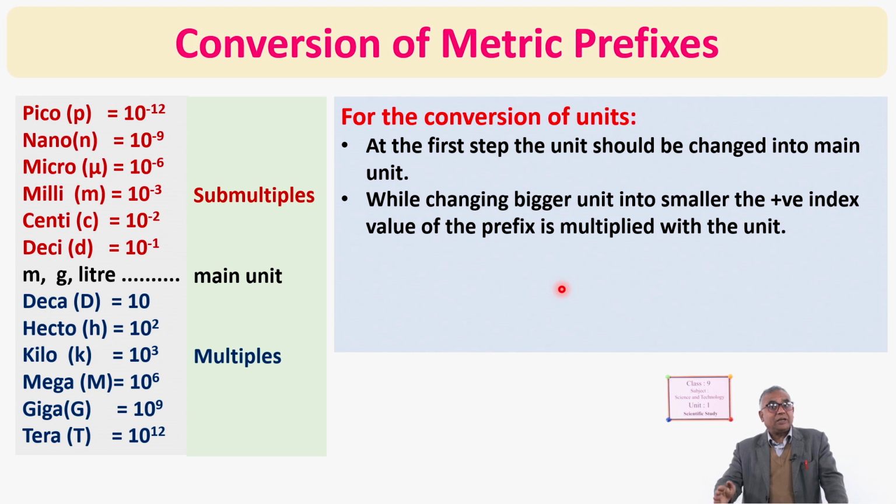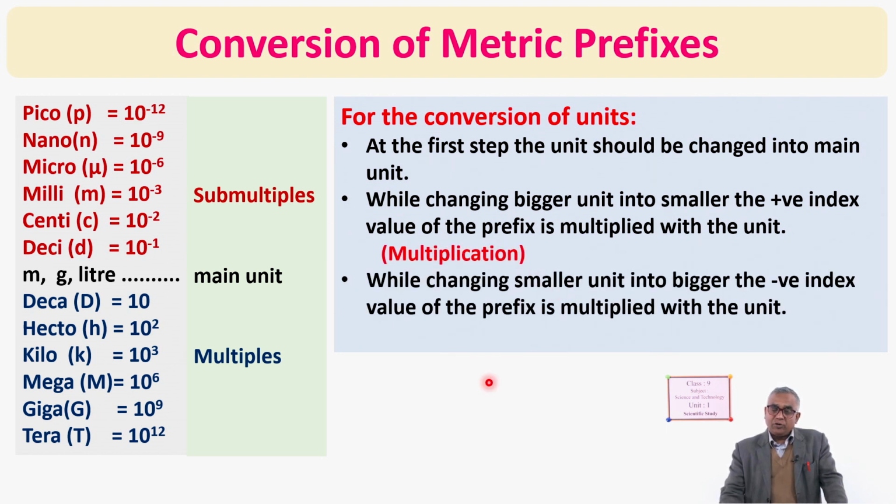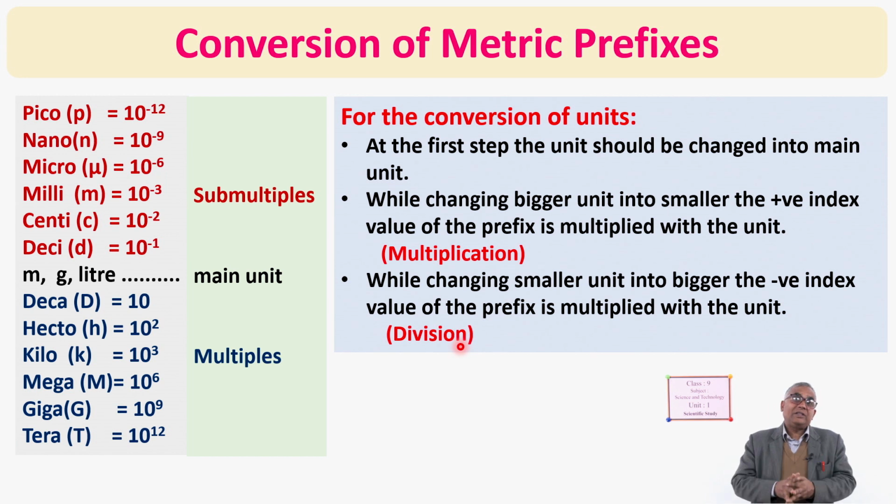If you are changing a smaller unit into a bigger unit, then you have to use the power value negative. That means you are dividing now. In both cases the process is multiplication, but one with positive power, another with negative power.